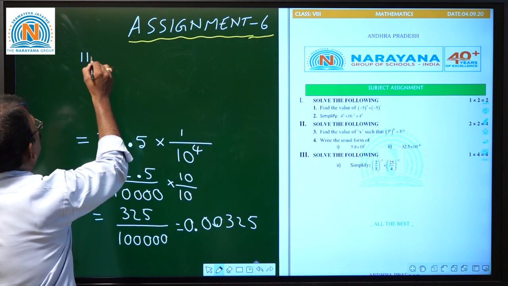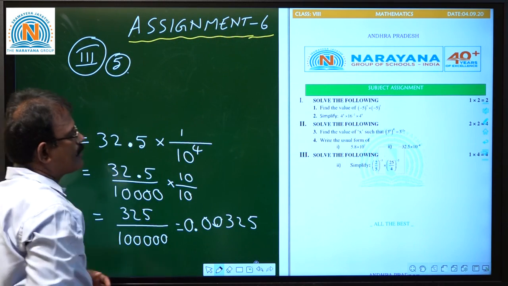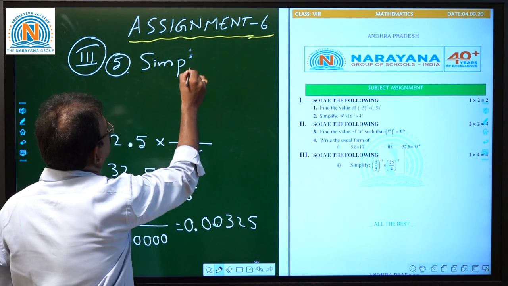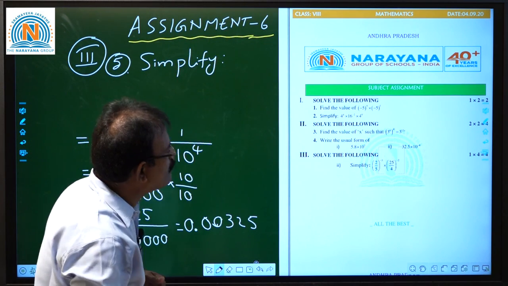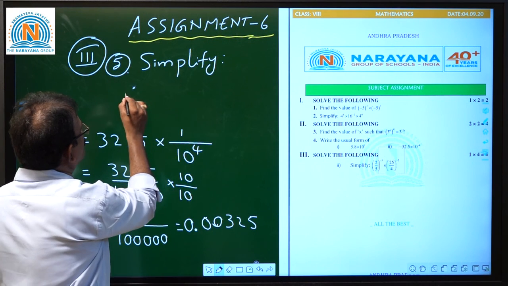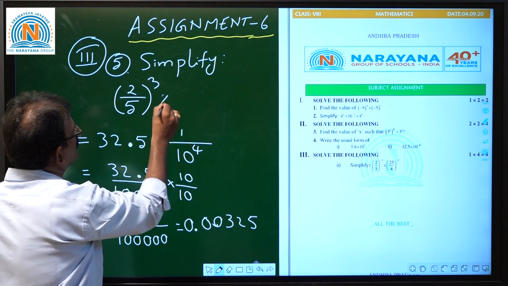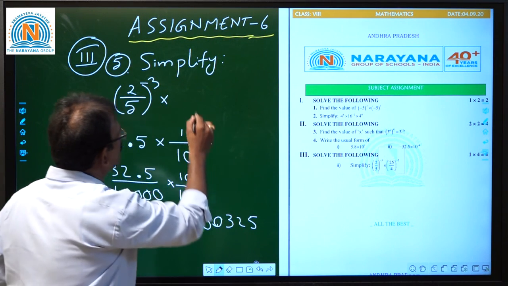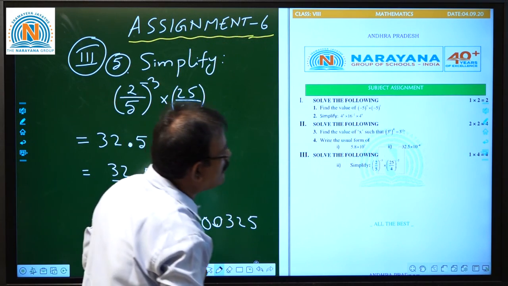So let us come back to our last Roman 4 mark question. This is third Roman, 5th question. Simplify 2 by 5 whole power minus 3 into 25 by 4 whole power minus 2.